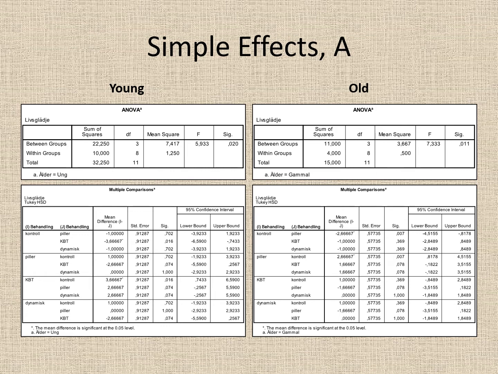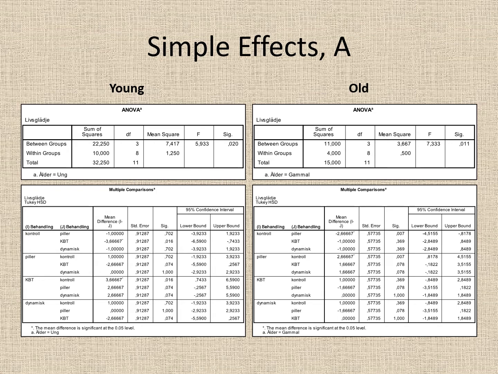It means that among younger patients, the average level of life satisfaction in the control group is 1 point lower than the average level of life satisfaction in the pill group. That's why it's negative. Control minus pill is -1. Is that difference significant? No. So we will not assume any difference between control and pill group among younger patients.